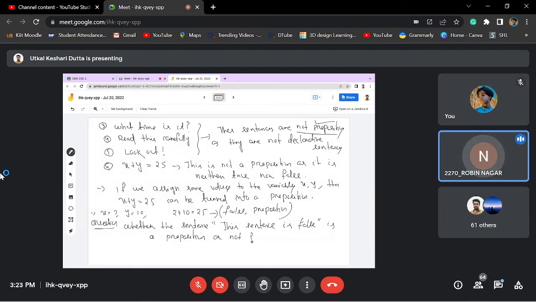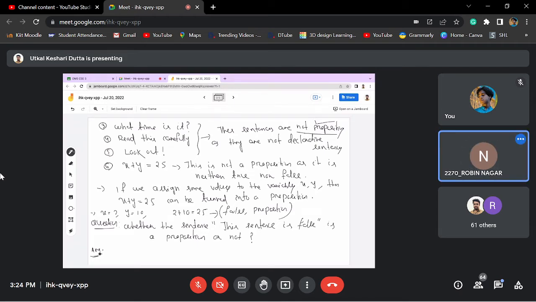Yes, sir, it is a proposition. Okay, if it is a proposition, tell me what is the truth value of this sentence? If you are telling it is a proposition, then it must have a truth value that may be either true or false. Then what is the truth value of this sentence?